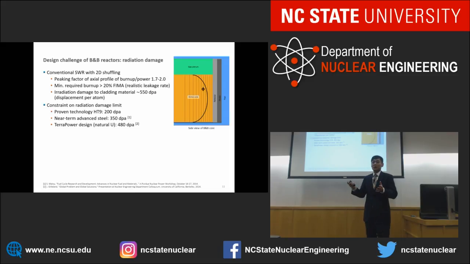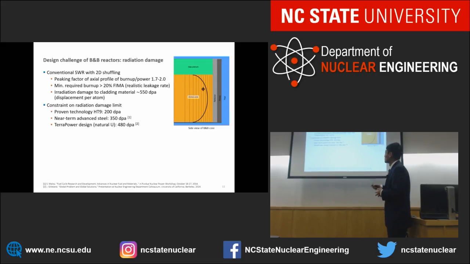It doesn't mean that HT9 will not survive beyond that damage level, but we just don't know. With new advanced material development, it suggests that 350 dpa is probably a realistic expectation.